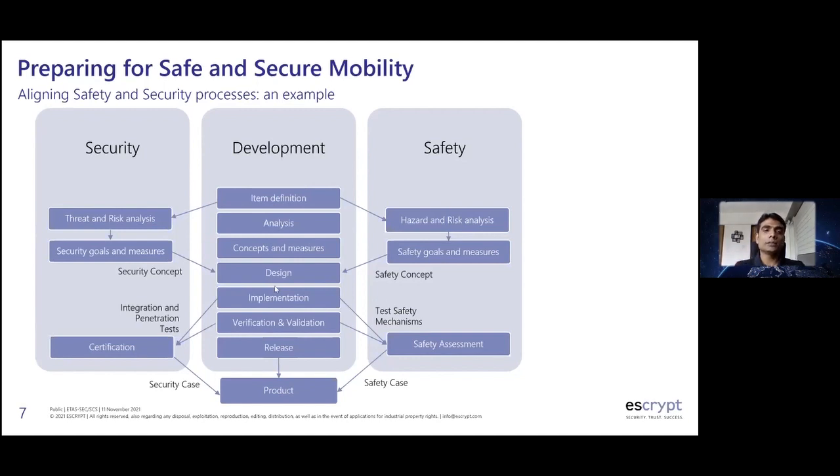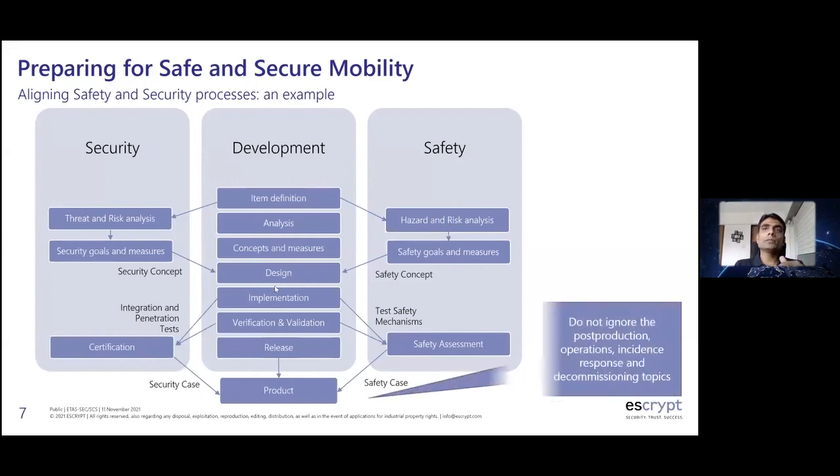Ultimately, we come up with a certification. If we look at the WP29 context, where type approvals are needed, it could be something like a final cybersecurity case, so to say. And the safety branch will consider the safety assessment and come up with a final report that, yes, from a functional safety perspective, this is an ASIL-D compliant vehicle, or a CE compliant vehicle to determine its SIL levels. This is where the safety and security case rests, and the only difference after this part would be the post-production topics, which are more relevant for cybersecurity and a little less relevant for safety.